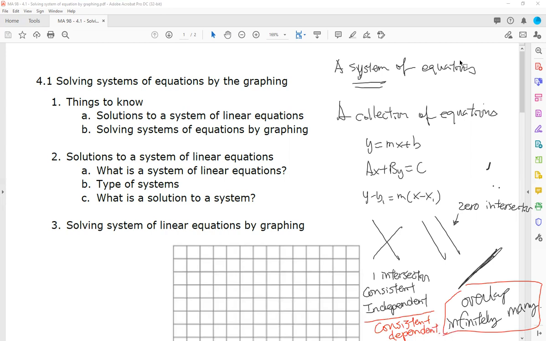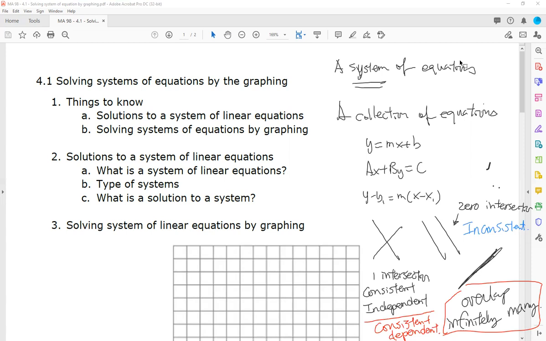And the last one, the one that's parallel lines, is called inconsistent. The way I always think about it is, consistent means the lines touch, so inconsistent means the lines don't touch. Therefore, inconsistent has to be parallel lines.